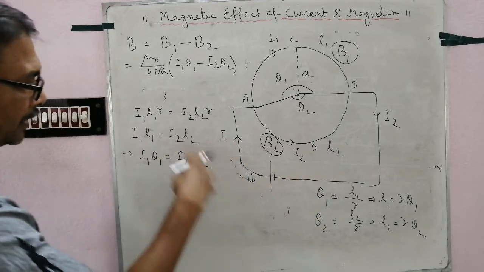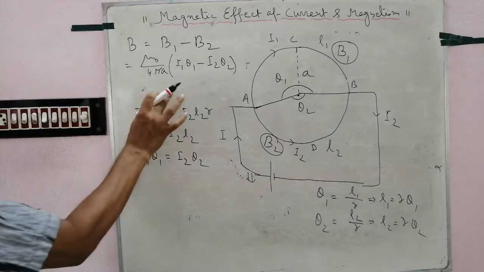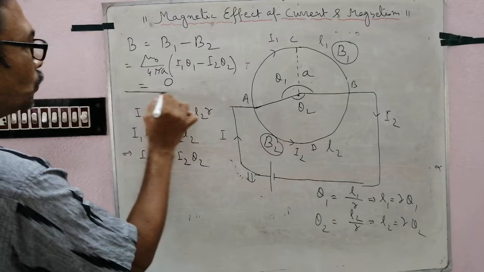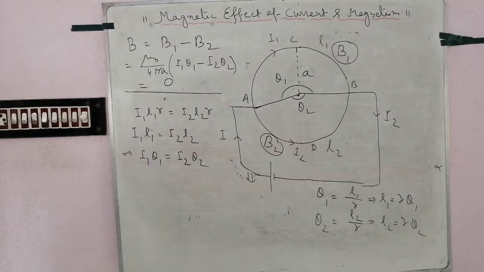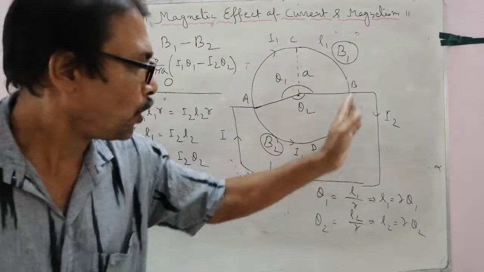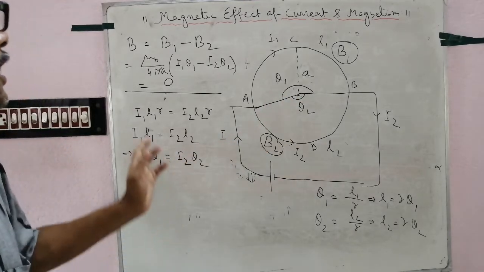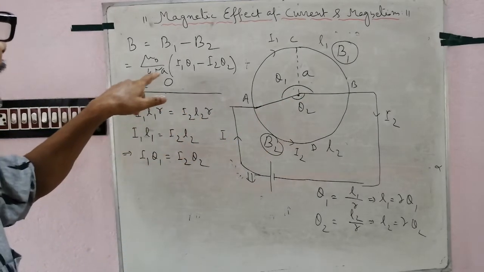Putting the values here, R cancels, so I1 theta 1 equals I2 theta 2. So the result is 0. At first I mentioned that for this figure the magnetic field at the center is nil, and it is proved that it is 0.